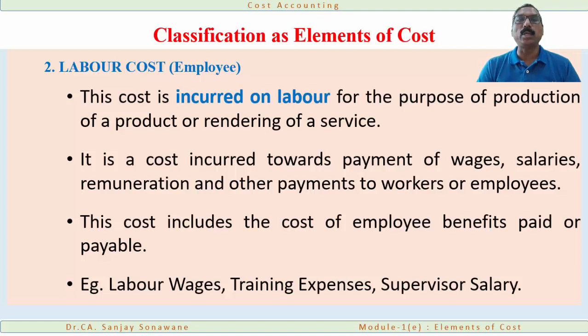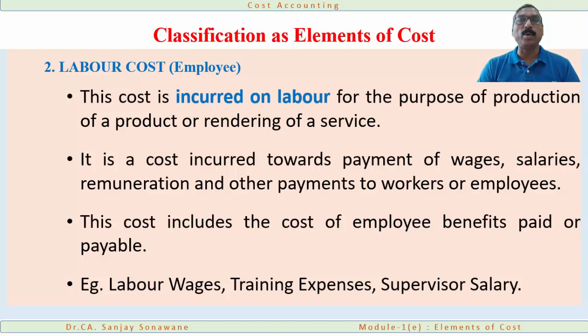This cost is incurred on labor for the purpose of production of a product or rendering of a service. So whatever expenses you incur on the labor or employees are called labor cost. Next paragraph: it is a cost incurred towards payment of wages, salaries, remuneration and other payments to workers or employees.